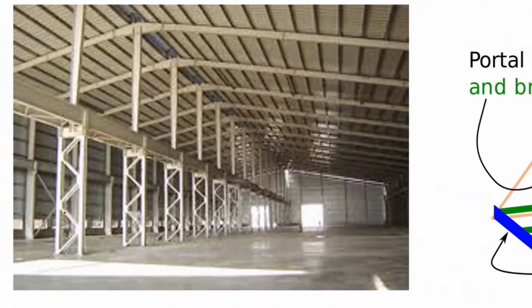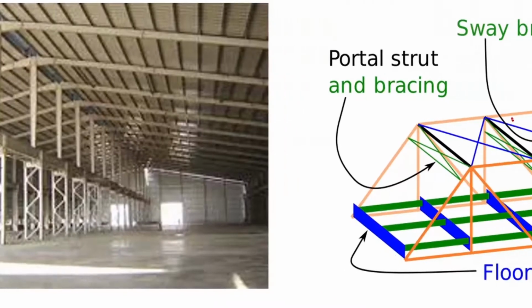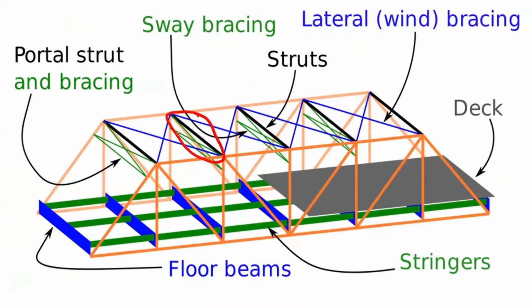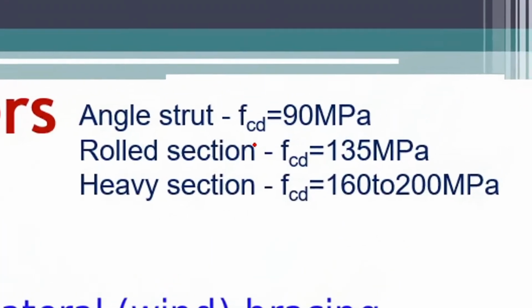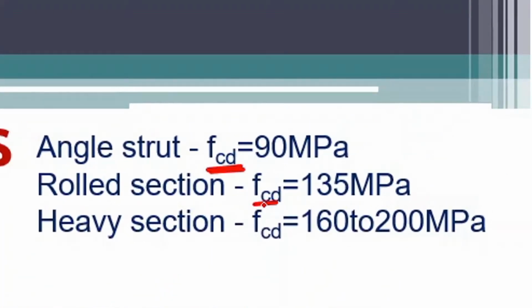Now, if you look at the picture, we have a column in this building, and also we have a strut in the bridge, and also you will get a strut in the roof truss. So whether you are designing a strut or the column, we have to follow the discussed procedure. First, you need to assume the design compressive stress fcd based on the section which we are going to select.